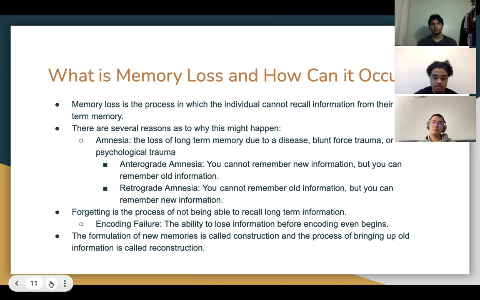Anterograde amnesia, which is when you cannot remember new information, but you can remember old information, and retrograde amnesia. You cannot remember old information, but you can remember new information. Forgetting is a process of not being able to recall long-term information. The formulation of new memories is called construction, and the process of bringing up old information is called reconstruction.